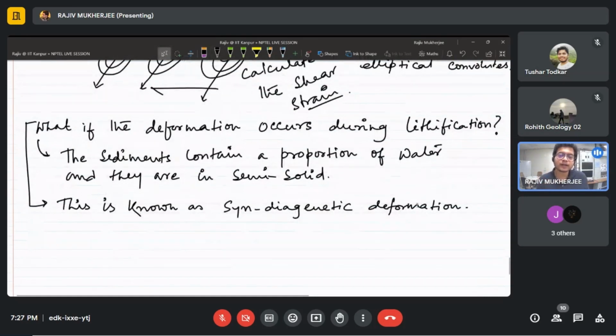So the sediments contain a proportion of water and they are in semi-solid state, right? So what happens if they're semi-solid?